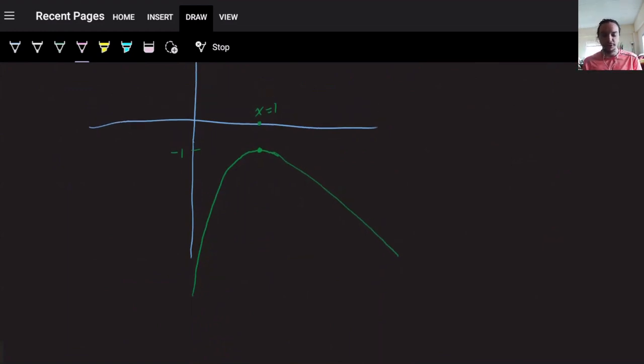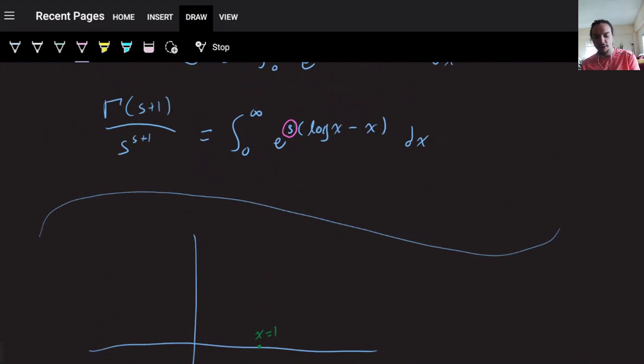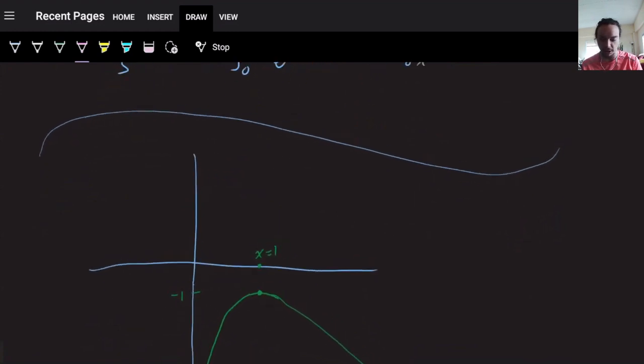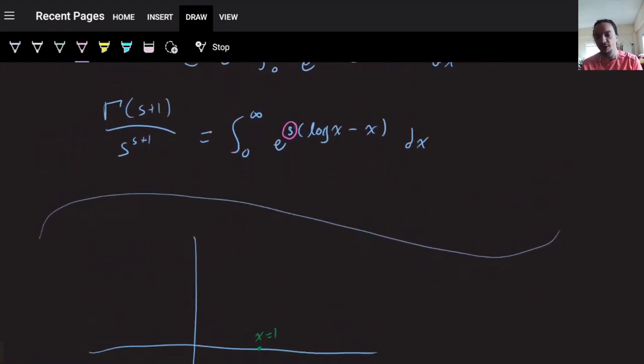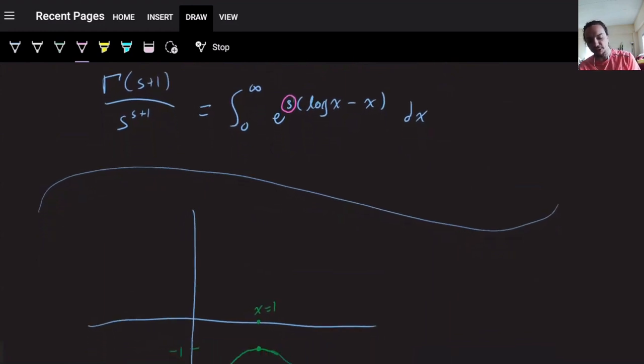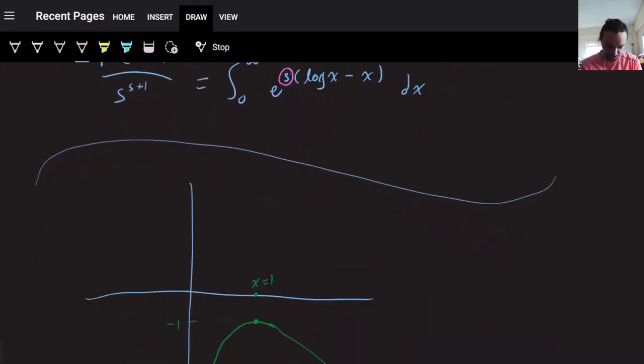Okay. So if s gets bigger and bigger, this log x minus x part gets more and more negative, and so we get a smaller and smaller number, e to the s log x minus x. So you'd expect that this integral will be really, really small.